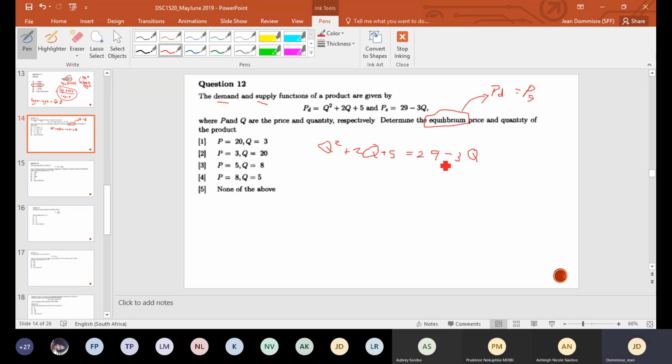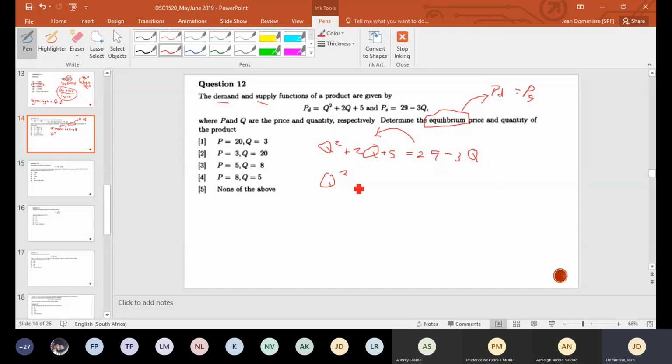Then we basically need to sort it out so that everything is on the one side and it is equal to 0. So I'll bring everything to this side, so that I can work with the q to the power of 2 being positive.